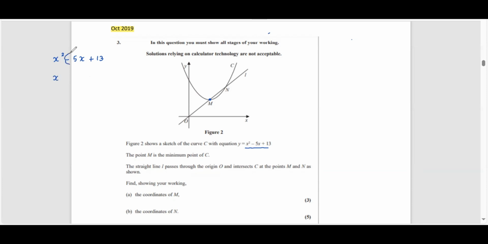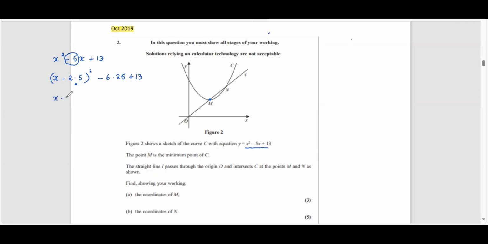Take your b value, which is minus 5. Divide by 2, that is minus 2.5. Put it in a bracket and square. Whatever the number here, you square it. 2.5 squared is 6.25, plus the constant, which is 13.